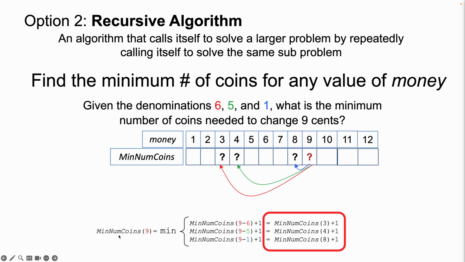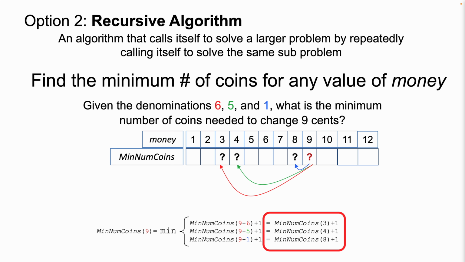Well, our function, minimum number of coins, and we'll say we need to get 9 cents, is to get the minimum of calling this same function on 9 minus 6, which would be if I gave it a 6-cent coin first, or 9 minus 5, or 9 minus 1.